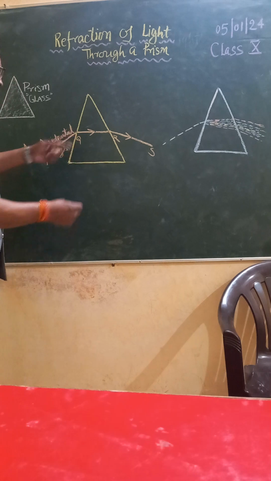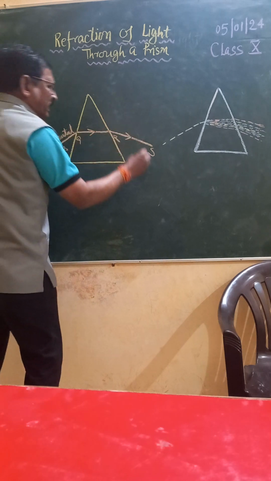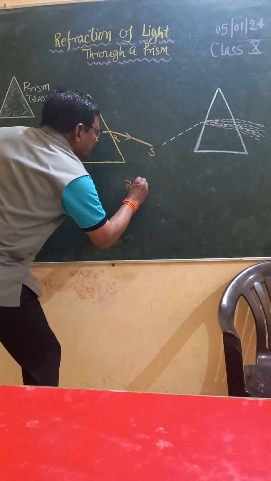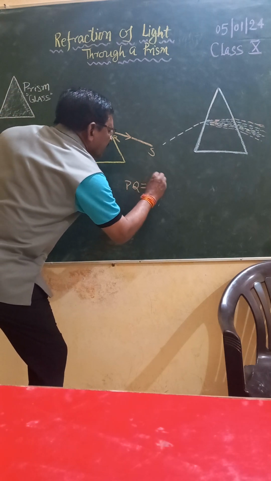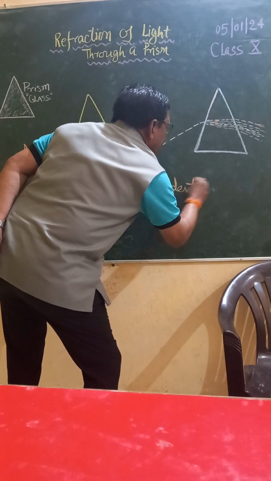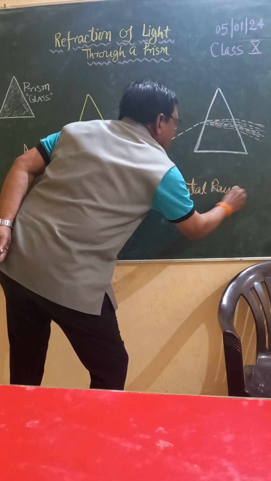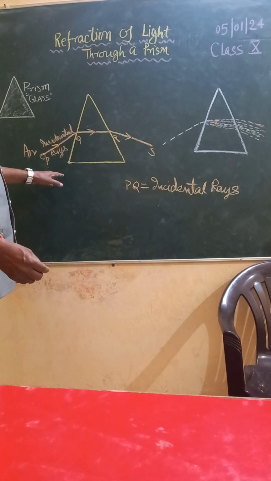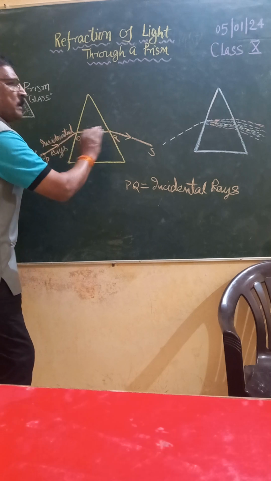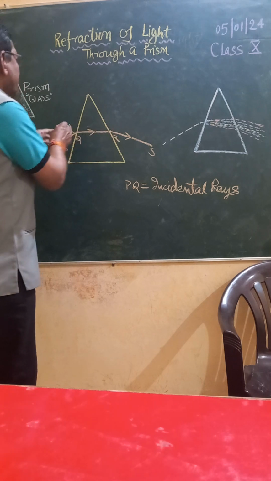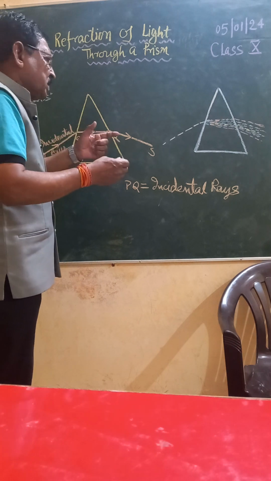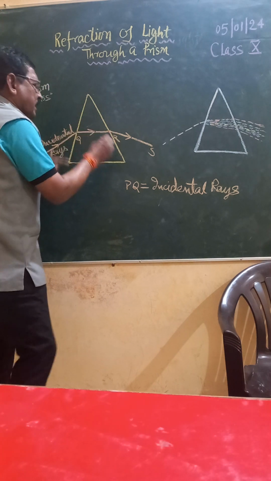And then this Q to R. So let me write PQ. PQ is the incident ray that is allowed to fall on a prism. Now QR is a refraction that takes place because the medium changes and the speed of the ray is reduced, so it travels inside.